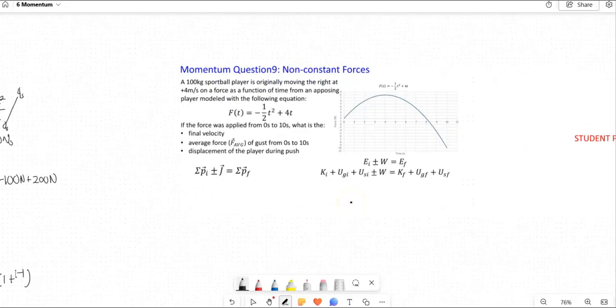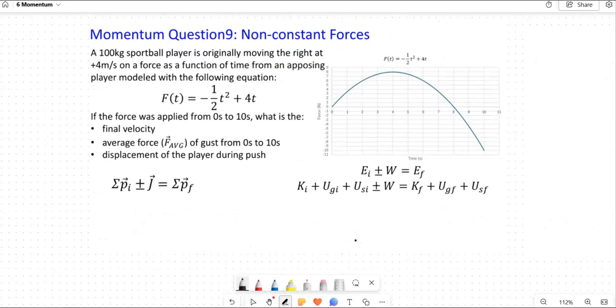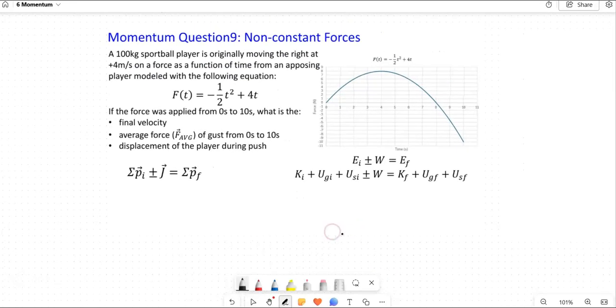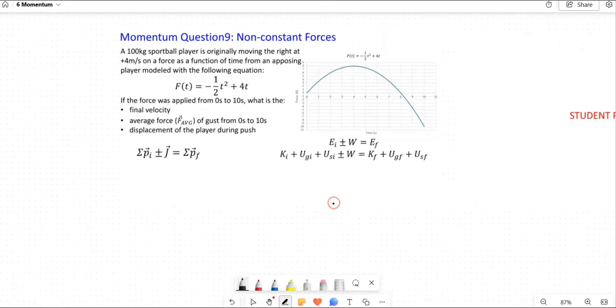Finally, last problem. Okay? And I apologize for the length of this video, but I hope you're learning quite a bit. All right. In this last problem, you have a 100 kilogram sport ball player, so somebody who weighs about 220 pounds, moving to the right at 4 meters per second, where a force as a function of time is being applied to them by an opposing player, modeled with this force, which looks like this.